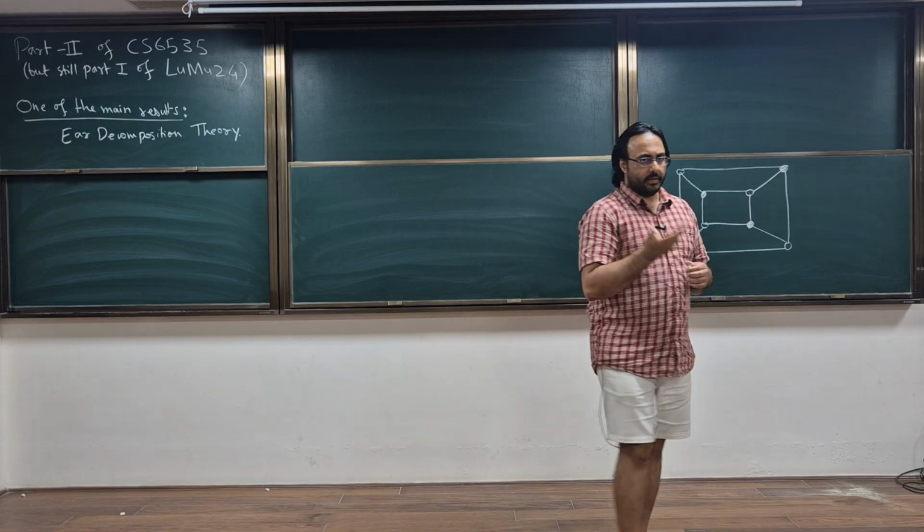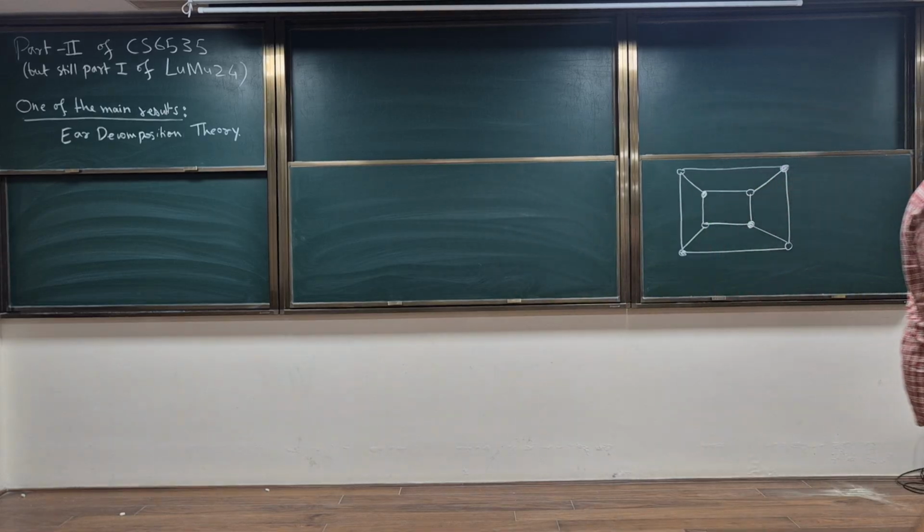And in fact, the converse is also true. Any graph you generate like this, you start with an even cycle, and at each step you introduce a new path, also known as an ear. You add a new ear of odd length joining a white vertex to a black vertex. Then the graph you get will be bipartite matching covered, and it's both ways.